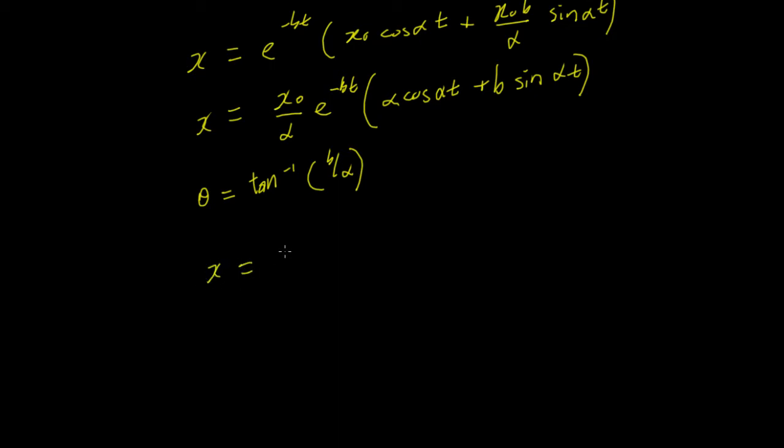So we'll still have our x naught, and we'll still have our value of alpha, and we'll still have e to the minus bt, but we can write it in terms of just the cosine factor here. So you're going to have cos of alpha t minus some angle theta.